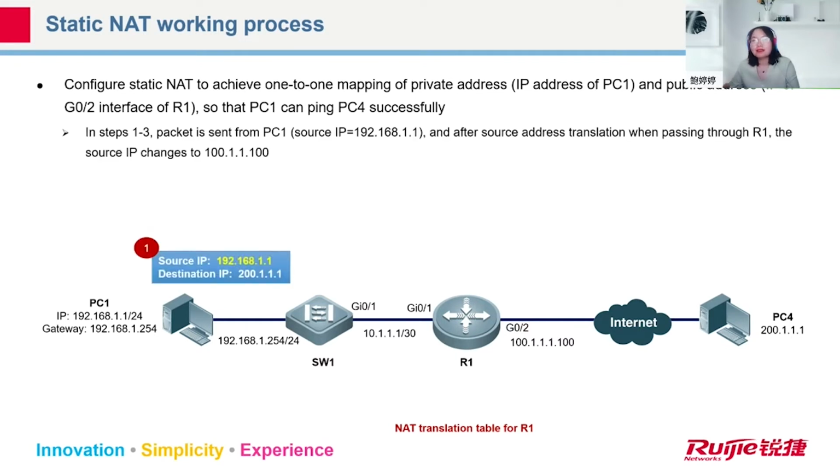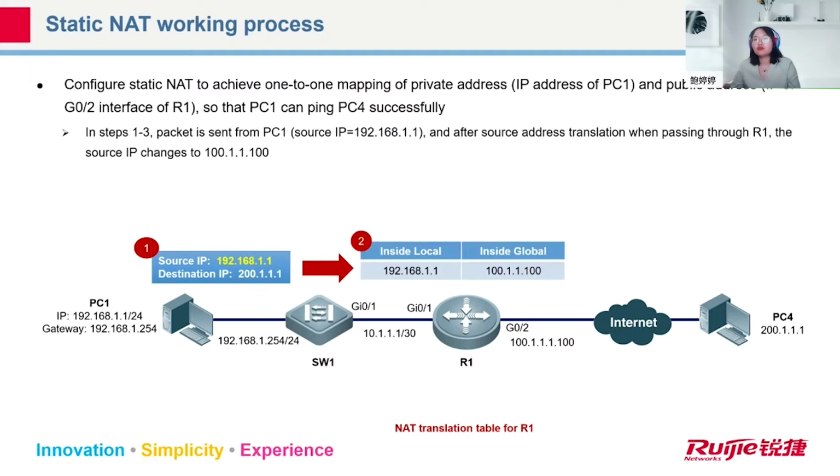PC1 sends out the message. Source IP is PC1, destination IP is PC4, and the message is sent to router 1. Because we already added static NAT on router 1, the inside local 192.168.1.1 is connected with 100.1.1.100. So the source IP of the message will be translated to 100.1.1.100 to visit PC4.